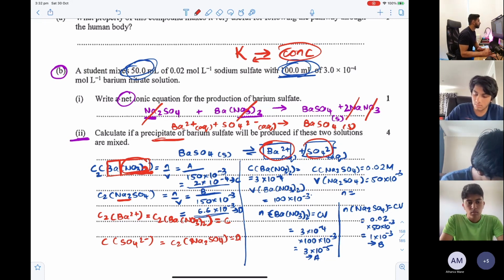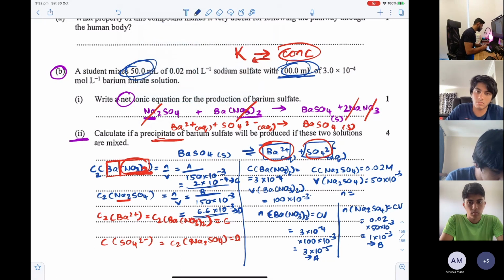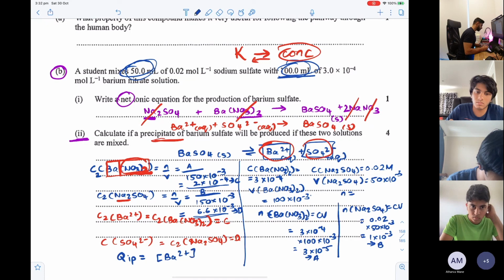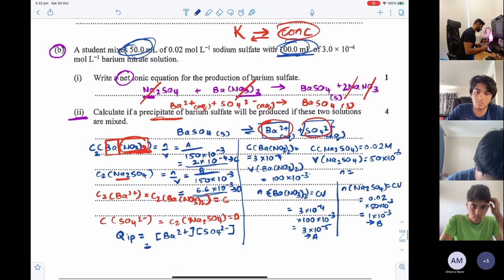We don't know if it's saturated, we don't know if it's unsaturated. Remember, whenever you don't know, you'd use a reaction quotient, and in solution equilibria, we call it Q. So you'd say QIP equals barium multiplied by sulfate, right? And so that's going to be equal to C times D.